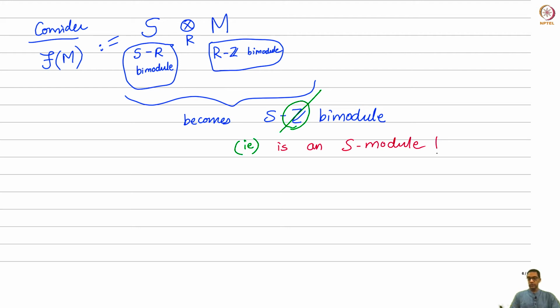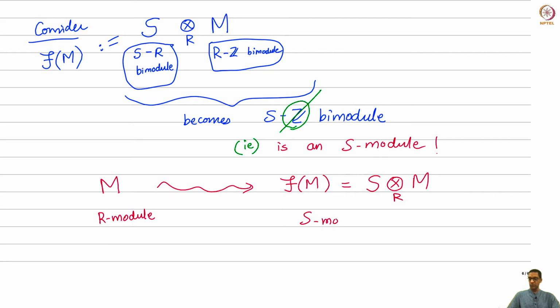So this construction has done the following. I started out with a left R module M, and starting with M, I constructed this new thing called f of m, which is S tensor M over R, and this new object is now an S module.